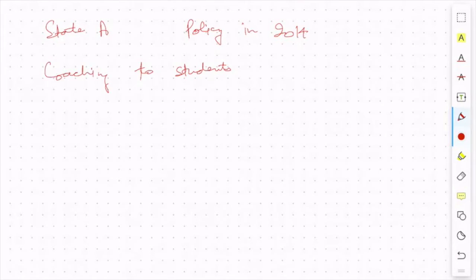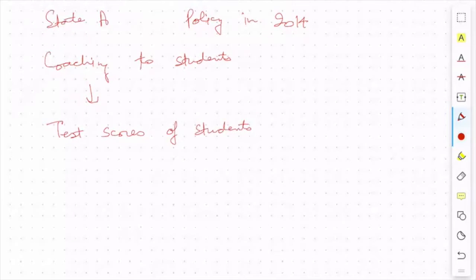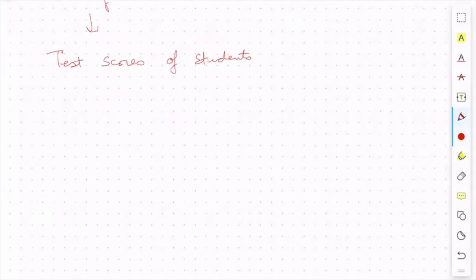And let's say that we are interested in the impact of this coaching program on the test scores of students. Okay, so this policy, let's say, came out in 2014. So this is the data that we have for state A.